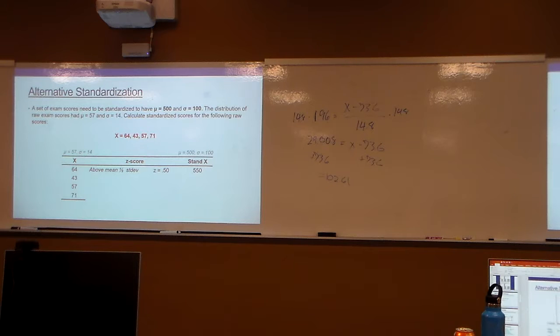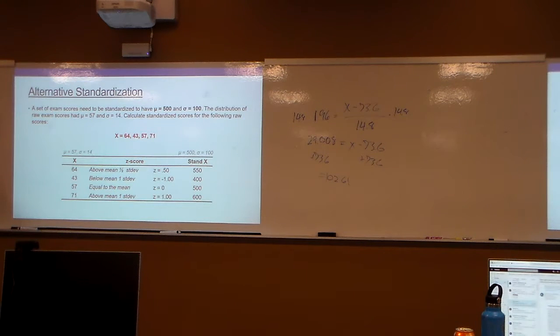If I'm half a standard deviation above the mean, then it's just 550. 43 is one standard deviation below the mean, a z-score of -1, so I just take a standard deviation away from 500. Equal to the mean, z of 0, is a score of 500. One standard deviation above the mean, z of 1, add 100 there, 600. And what we've done is take our raw score and translate it into an alternative standardized scale that's going to mean something to other people when we communicate.